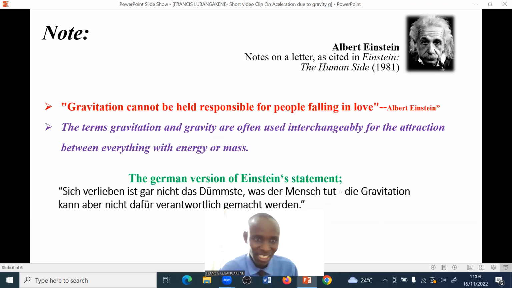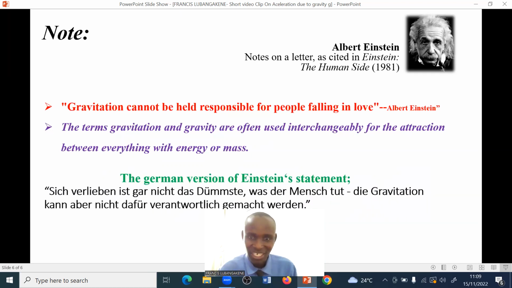If you're able to read the German version, here you are. You can bear me witness that the interpretation is here in red. So gravity cannot be held responsible for people falling in love, as he wrote in his letter.